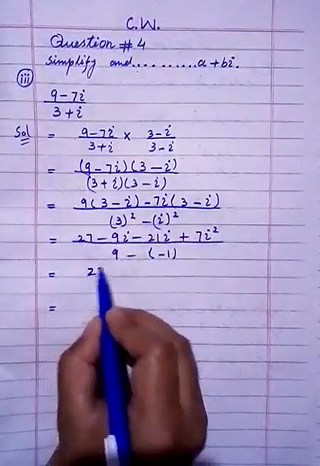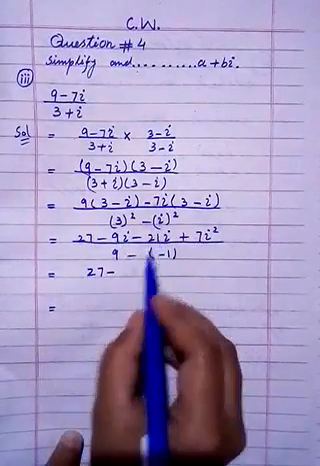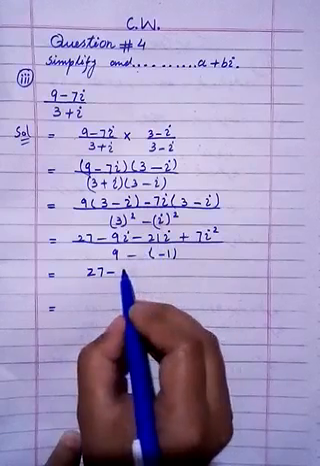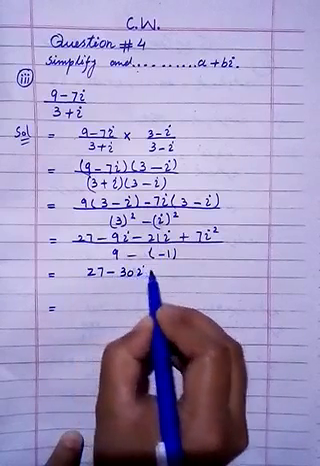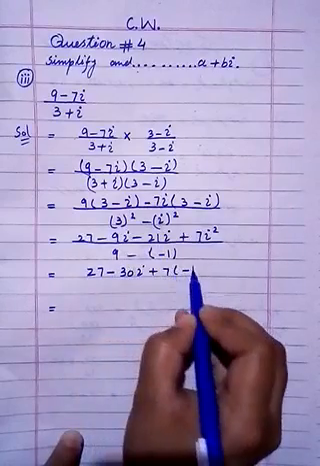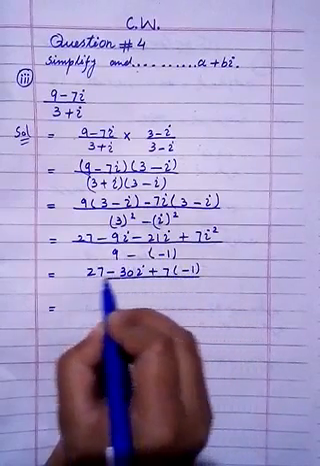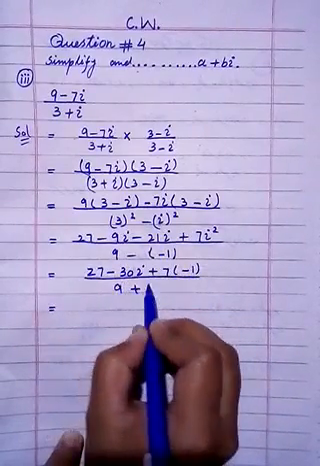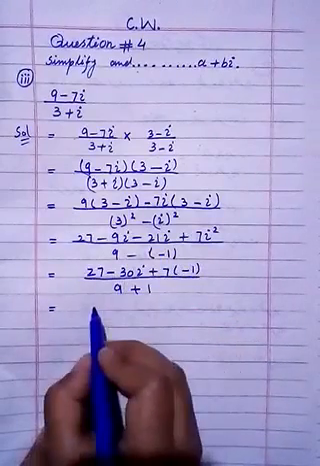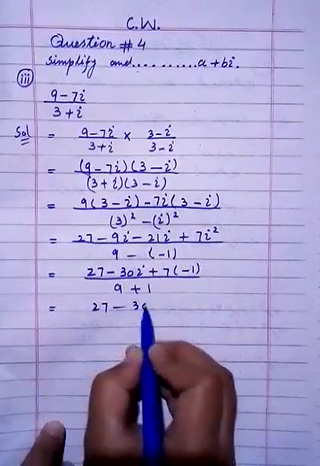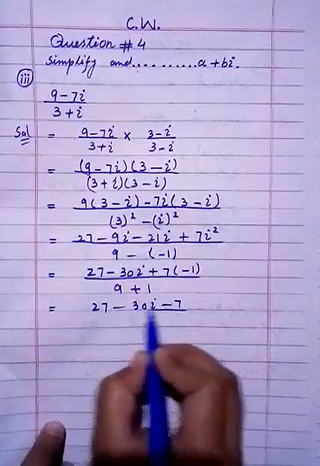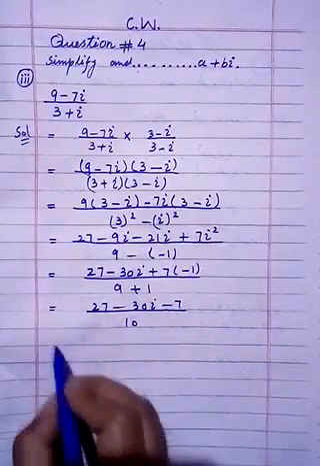27 as it is, minus minus is plus, but the sign will be minus, and it will be equal to minus 30 iota plus 7 into minus 1. Now 9 plus 1 is 10.